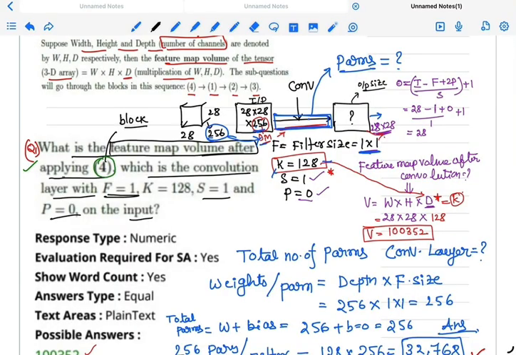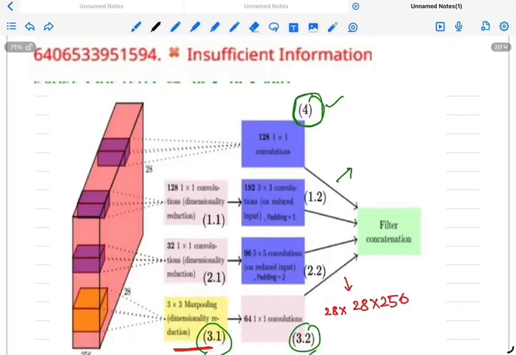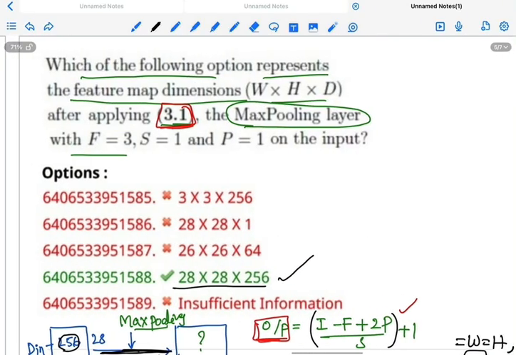We already calculated it: the feature map volume is 28 cross 28 cross 128. For blocks 1.1 and 1.2, we already calculated in the previous question.